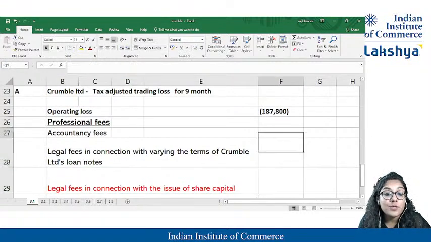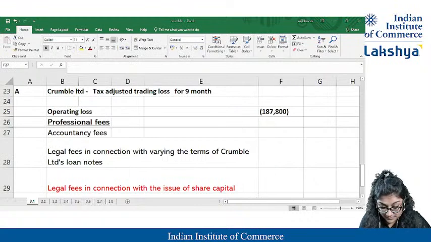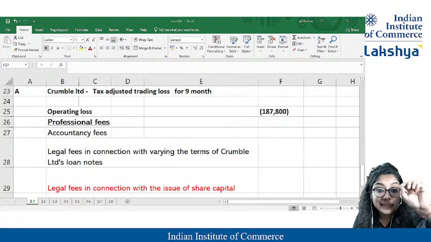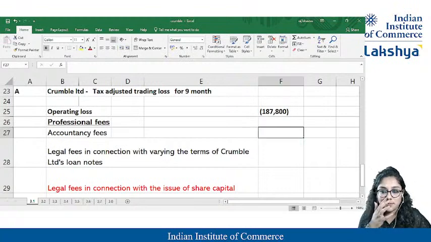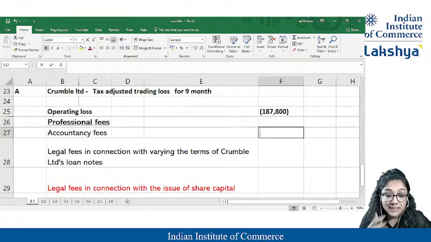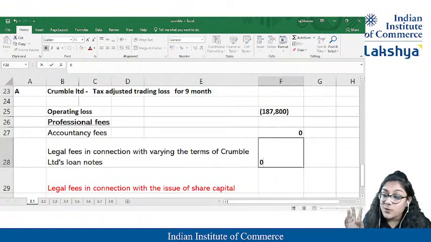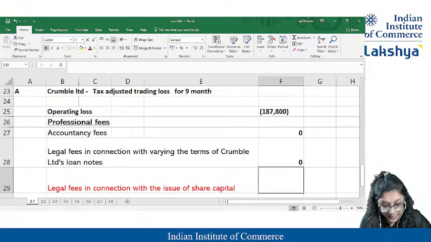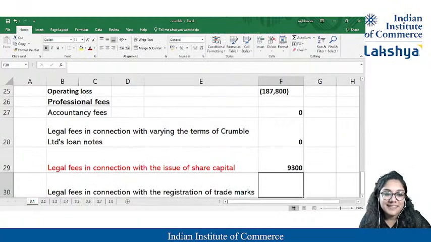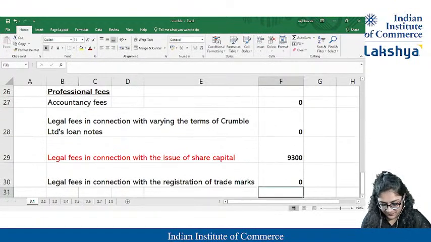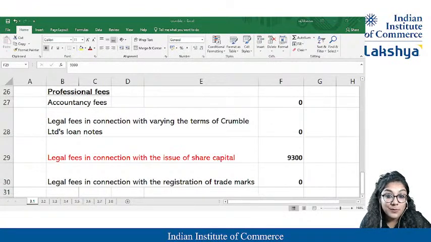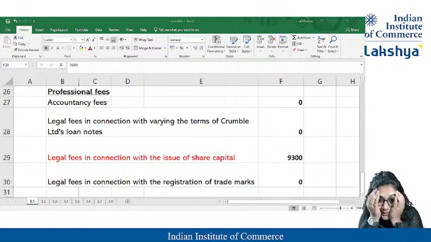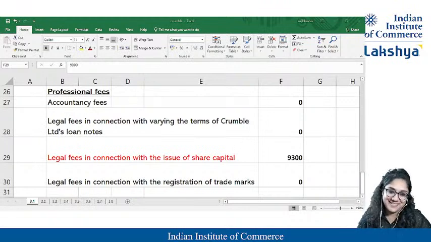Trust me, for writing 0 also, you get marks. So over here, ma'am, 0. Ma'am, over here also do nothing. But over here you all have to add 9,300. Cool. If you all have written this much, guys, you have got 4 marks. Seriously? Yeah, 4 marks.